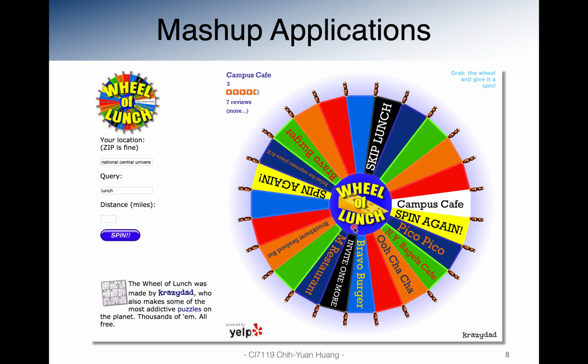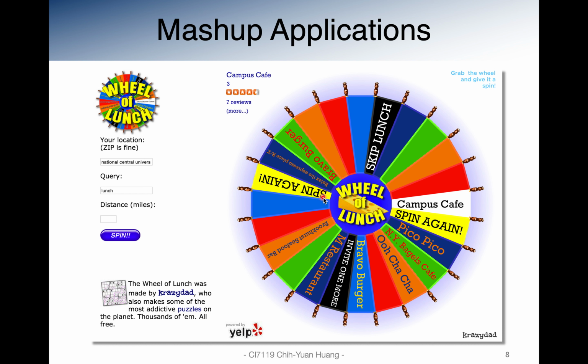The idea of the application is to support users when they don't have any idea what to eat, and sometimes you want to decide by some natural force.